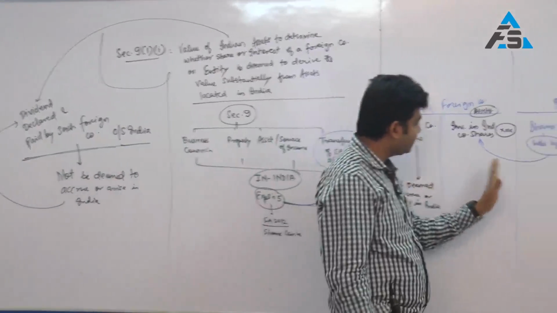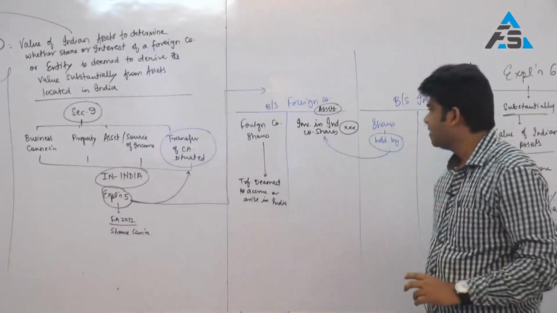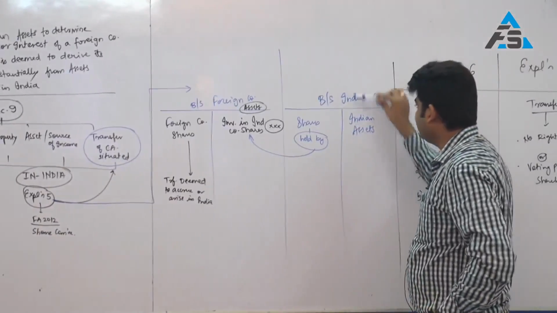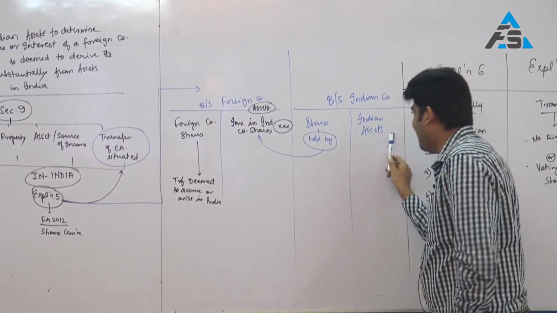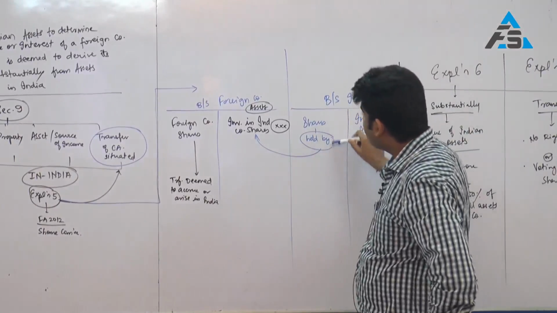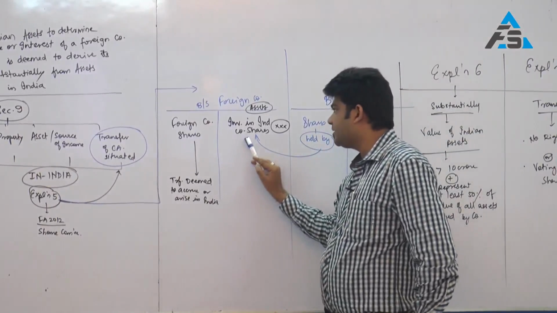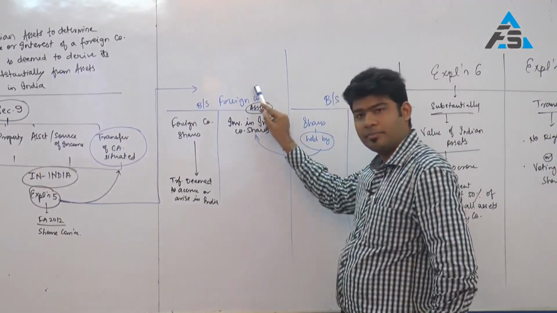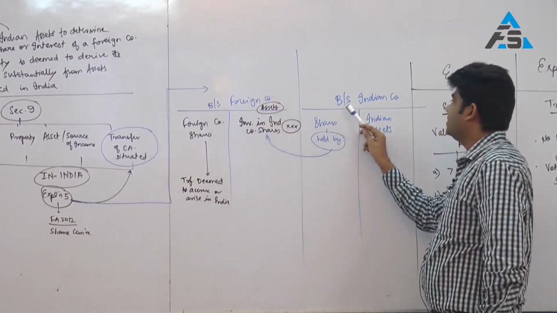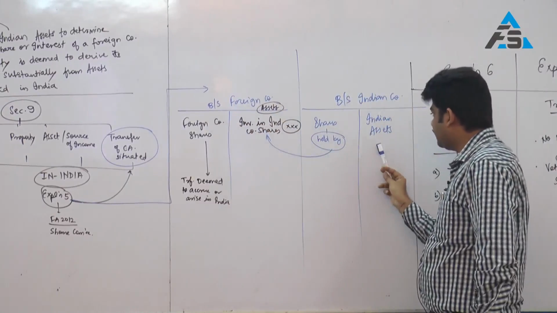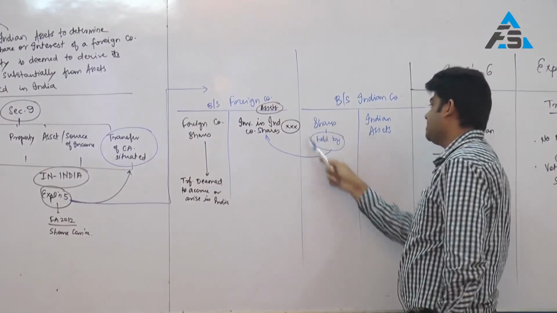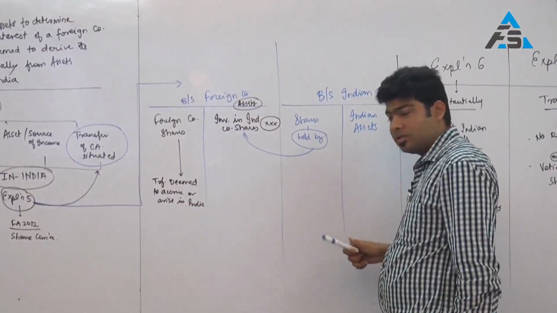Pay attention, we will try and understand it with an example. Suppose this is a balance sheet of an Indian company. Obviously, the Indian company's balance sheet will have Indian assets and its shares. These shares are held as investment by a foreign company. Are we understanding the connection? So there is an Indian company which has Indian assets. Obviously, these Indian assets are held by the shareholders.